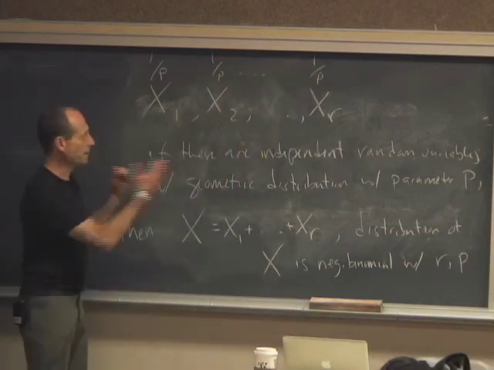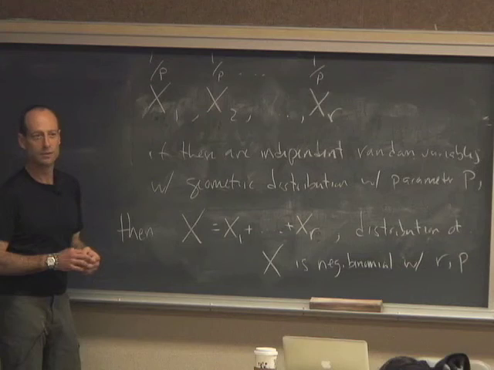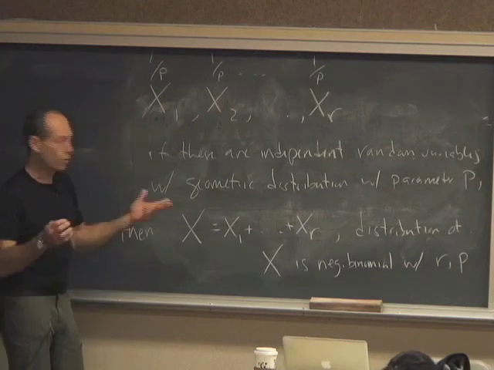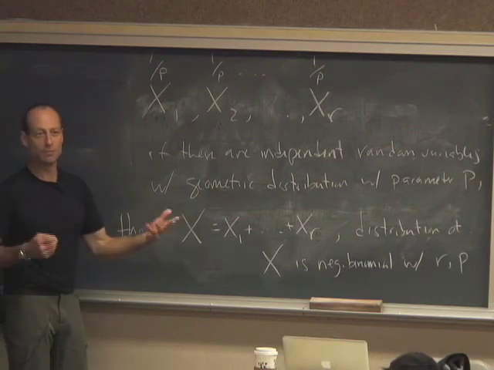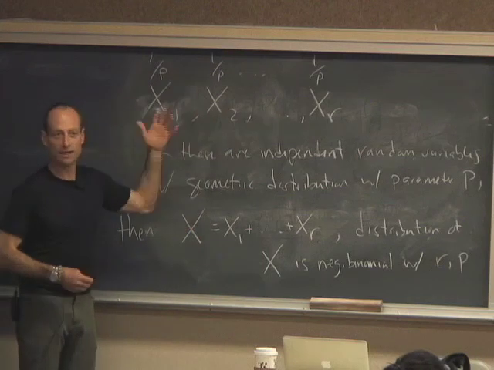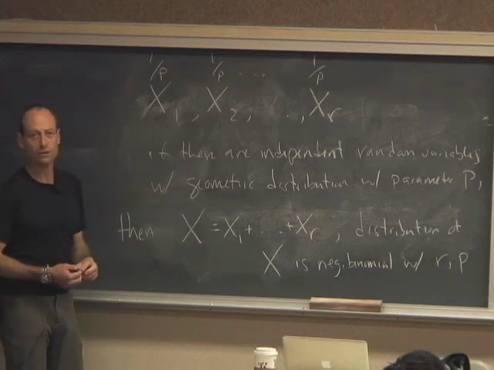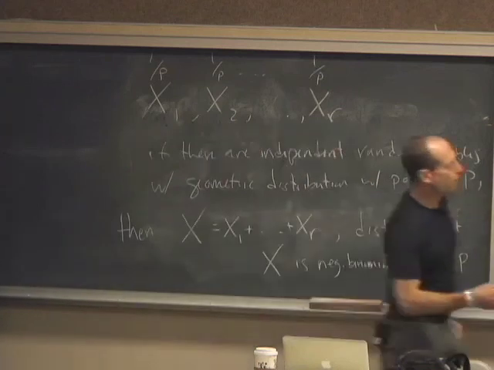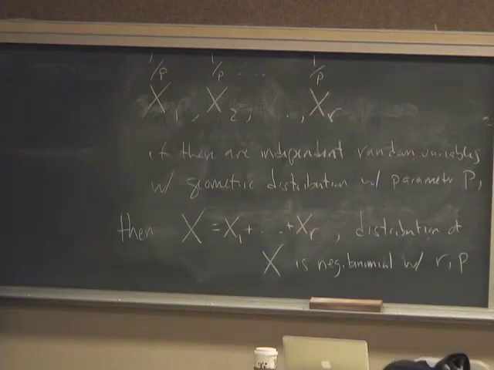So what's the expected value of their sum? r over p. Expected value of their sum is the sum of their expected values. 1 over p, 1 over p, 1 over p, 1 over p. That adds up to r over p. So knowing this, it's easy to prove this.